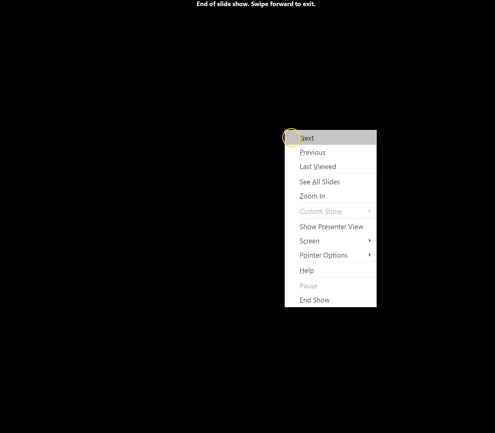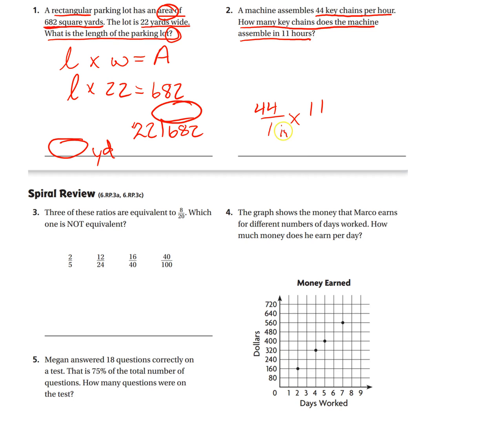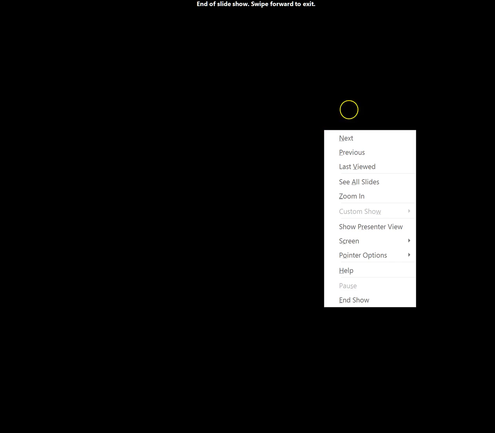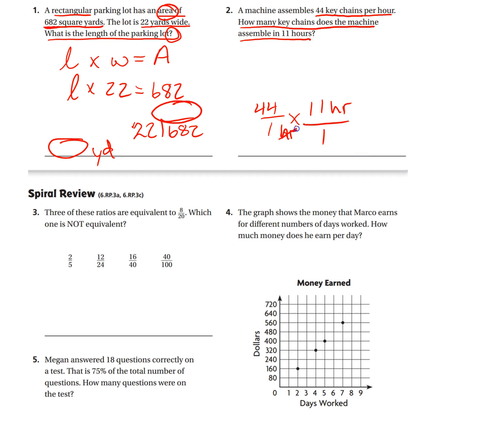And this is hours, this is hours. So when we put it over 1, we can now cross simplify out our hours, and it's 44. Our unit is keychains. So 44 times 11 is what we need to do. And this answer is going to be the number of keychains.